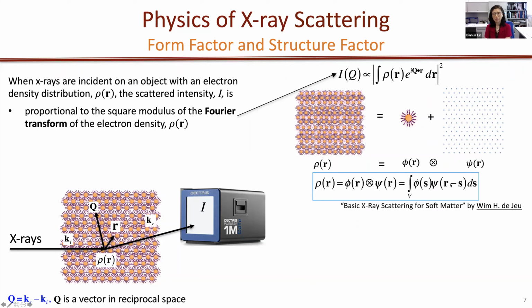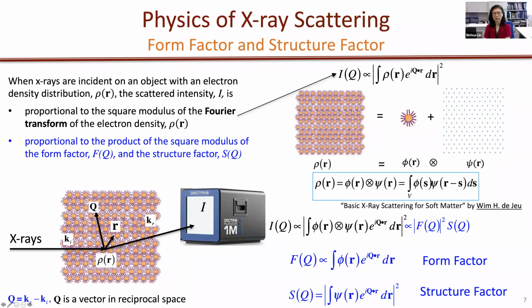So mathematically, the Fourier transform of this convolution function is equal to the product of the Fourier transforms of the individual functions. Now we have the phi Fourier transform that's defined as the form factor, and the psi Fourier transform squared, that's the structure factor. So with these expressions, we can relate the real space electron density function for your sample to the reciprocal space diffraction intensity functions now.